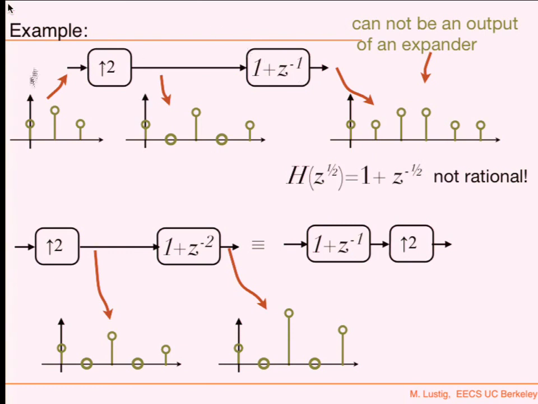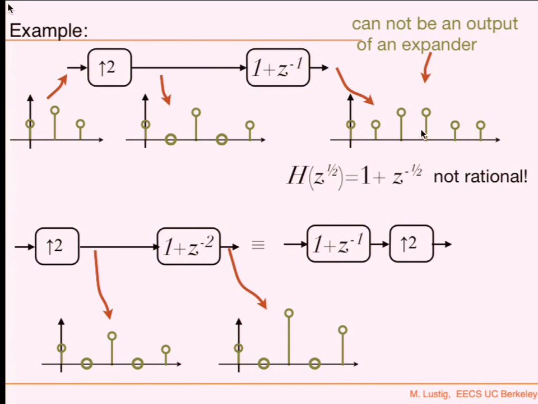So if I expand by a factor of 2, I get this. And after I do the moving average, I get a replication effectively. Now, if I wanted to interchange the operation and move the filtering over here and the upsampling over here and change the filtering, the problem is that this can never be a result of an expander.